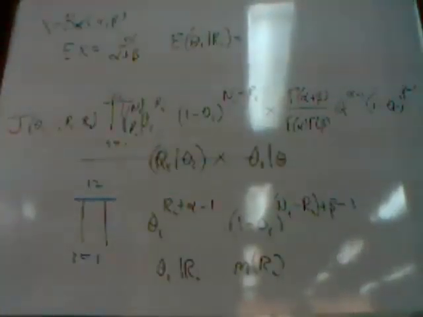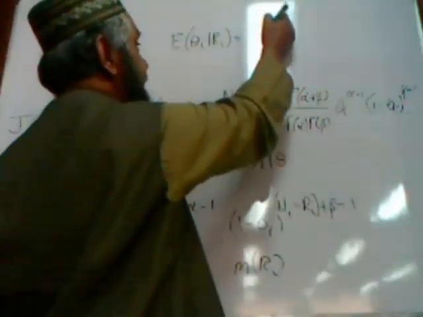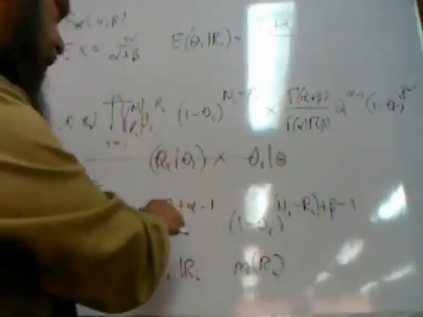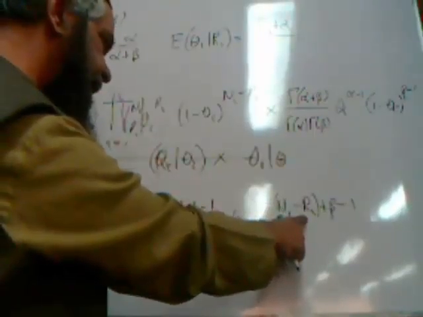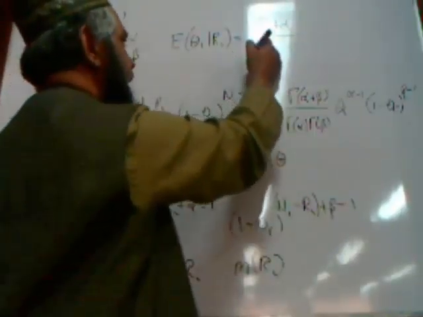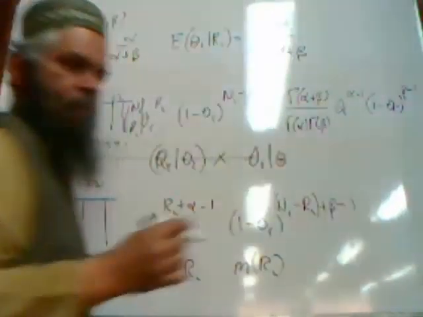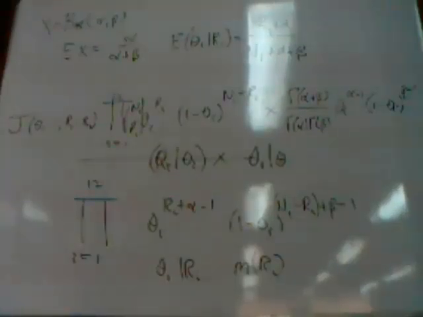So in the numerator you have Ri plus alpha, and in the denominator you have the sum of these two. The Ri cancels, and you get Ni plus alpha plus beta. So the posterior mean of theta I is Ri plus alpha over Ni plus alpha plus beta.